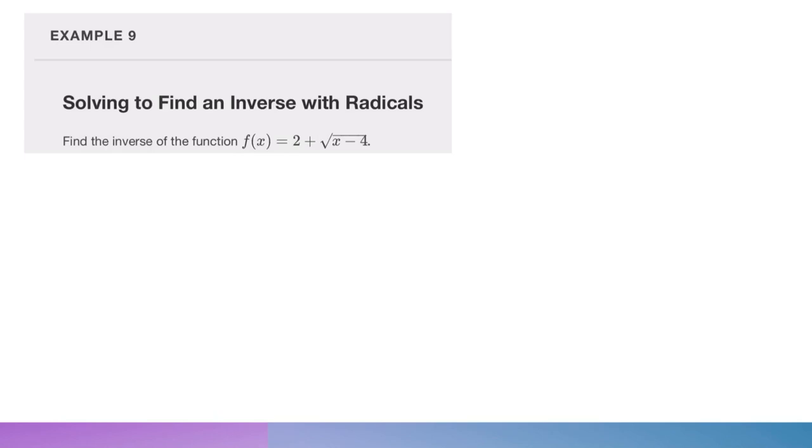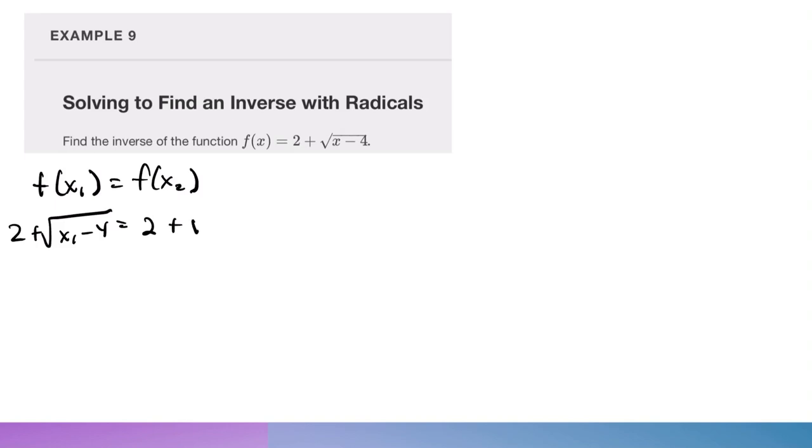So first we want to determine if this is 1 to 1, right? To show that it's 1 to 1, we consider f of x1 equal to f of x2, and we need to show that x1 equals x2. So now we're going to have 2 plus the square root of x1 minus 4 equals 2 plus the square root of x2 minus 4.